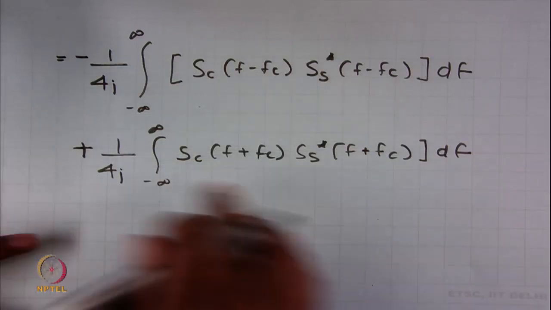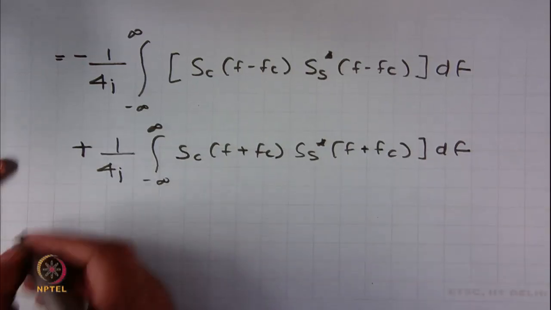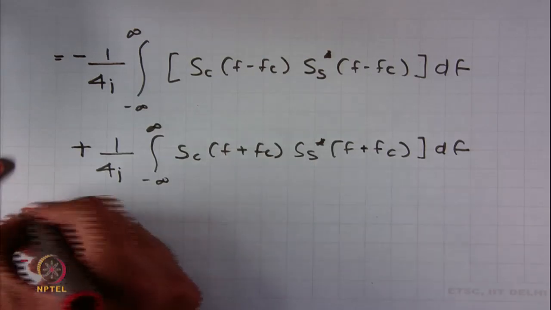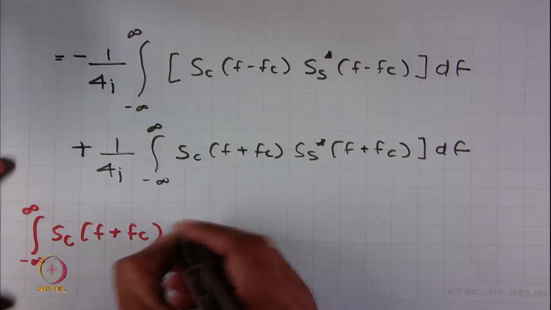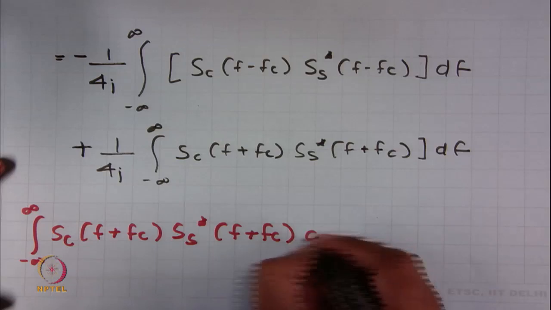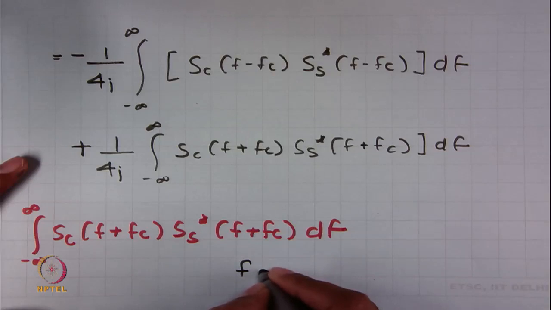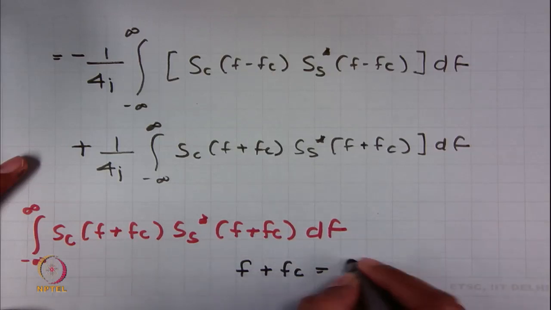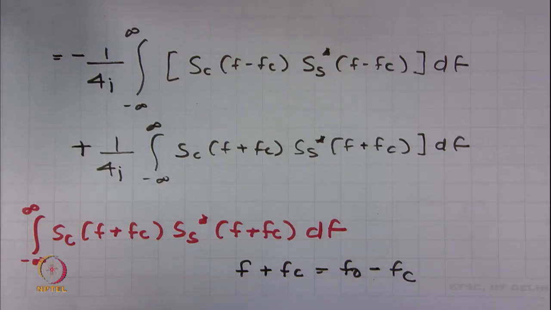Now, let us look at this expression. Let me use a different pen and let us see what S_C(f) plus F_C into S_S conjugate(f) plus F_C df is. So, to understand this, let us change the integration variable. Let me define f plus F_C as some f naught minus F_C, okay, the change in variables.